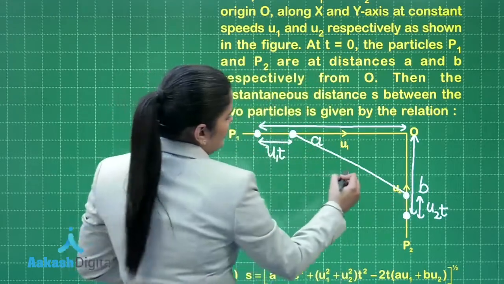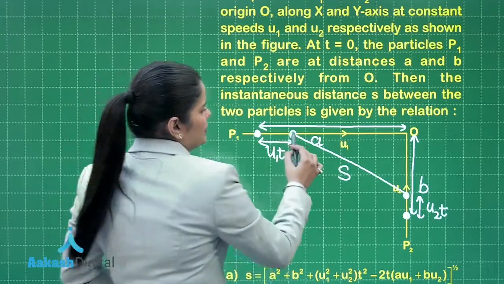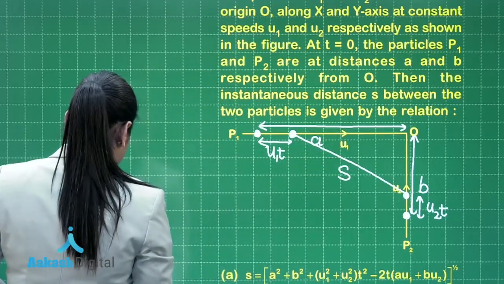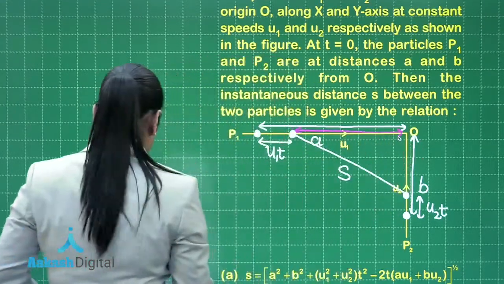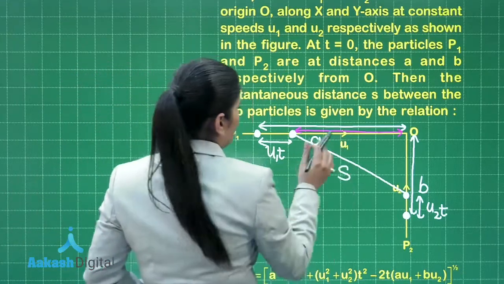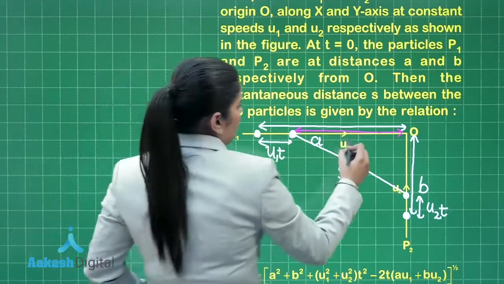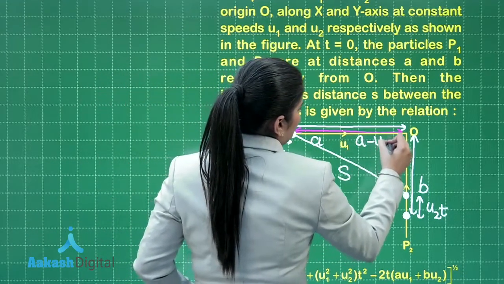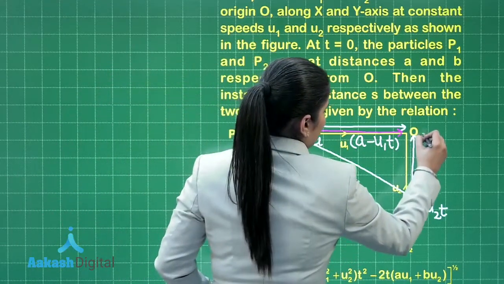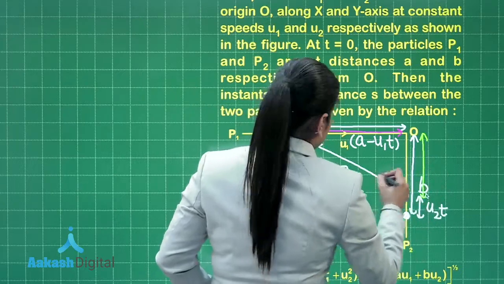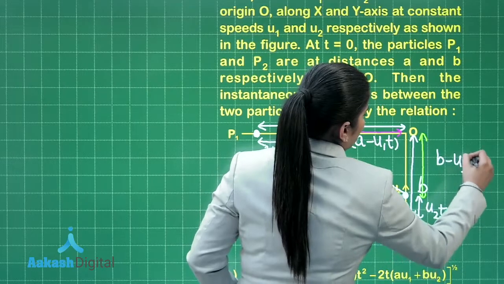What is the instantaneous distance between the two particles? That is this distance. So if I write this distance as s, this can be calculated if we see what this distance is. This complete distance is a and this is u1 into t, so this will be a minus u1t. And this distance is b minus u2t.